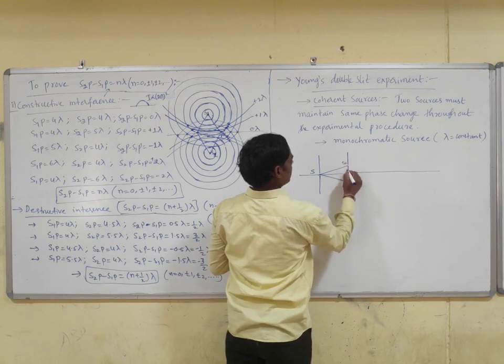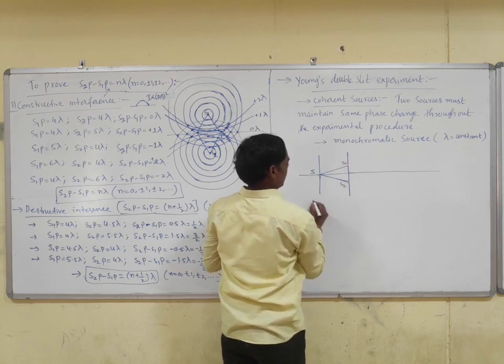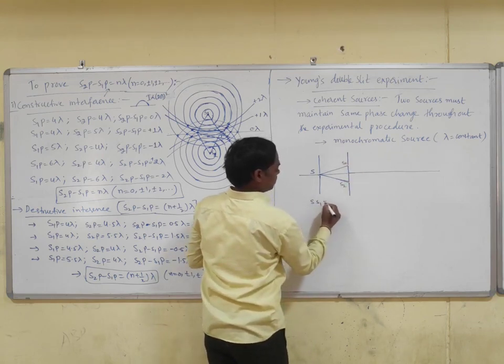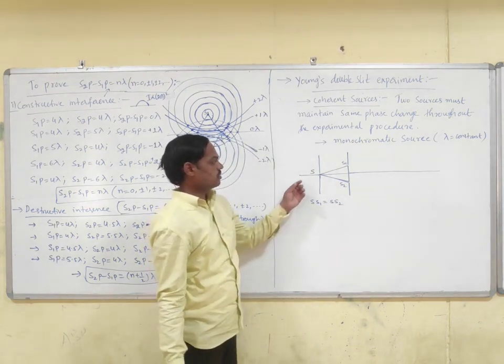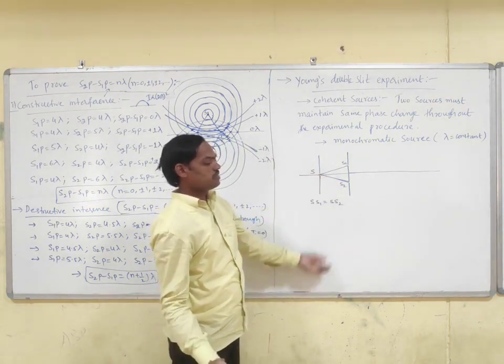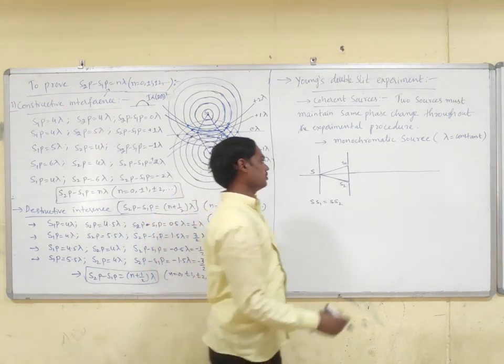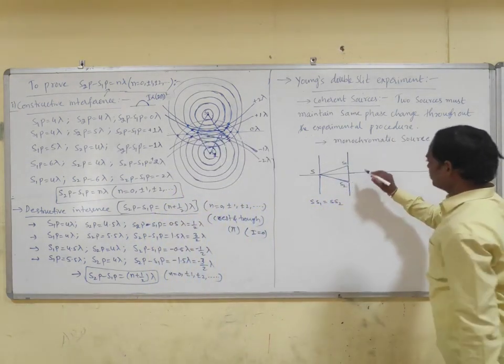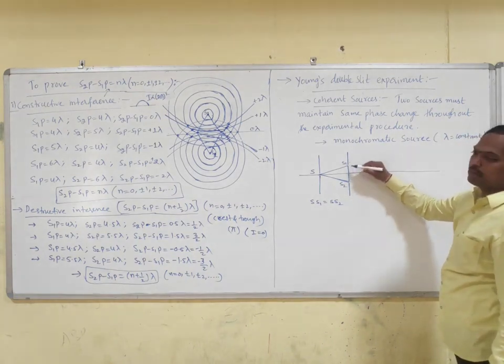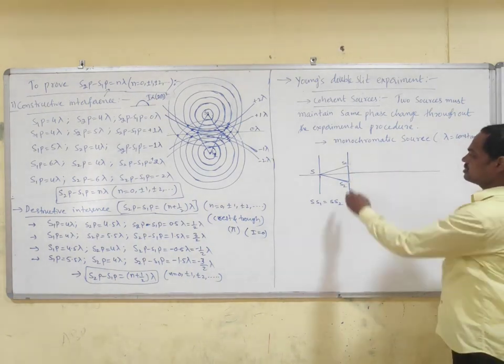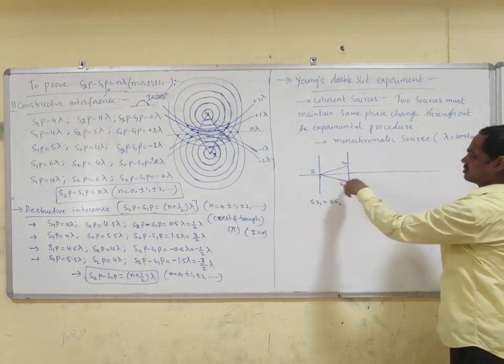It is S1 and this is S2. The SS1 must be equal to SS2. It must be constant. Otherwise, the phase change will be altered. These two must behave with the same properties. That's why these two must be at an equal distance.